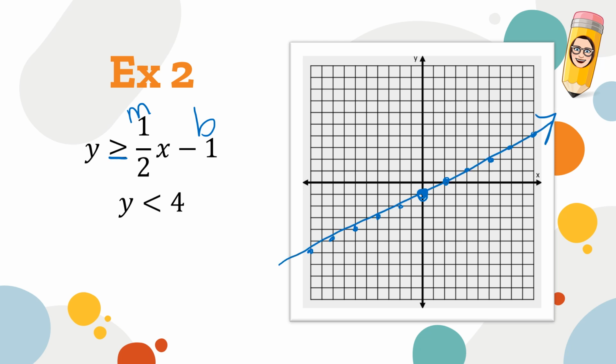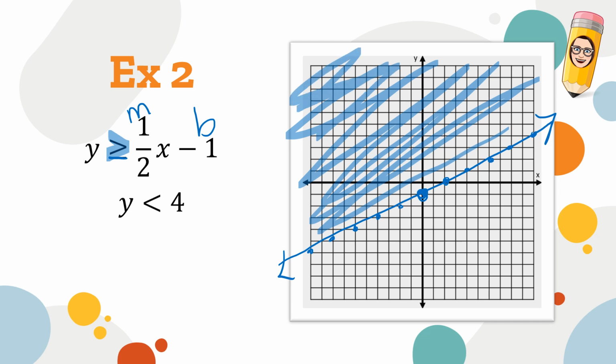Oh, hey, that wasn't too bad. And now let's talk about shading. We want to shade this line greater, greater. That means above. And so very lightly, I can't do lightly on mine, but you can. Very lightly shade above your line.